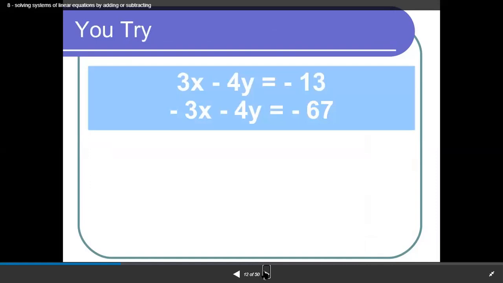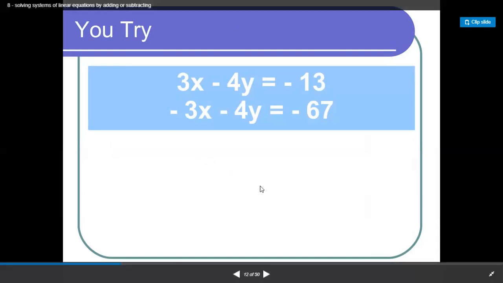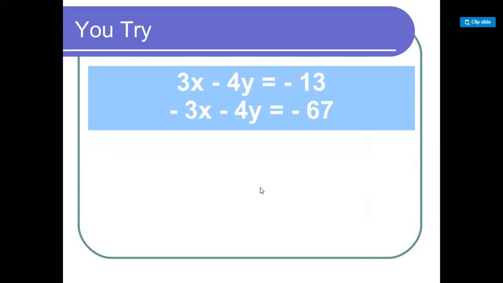Let's move to another example. In this question, we have 3x and negative 3x, negative 4y and 4y. What do you notice? Which one has the number and its additive inverse?